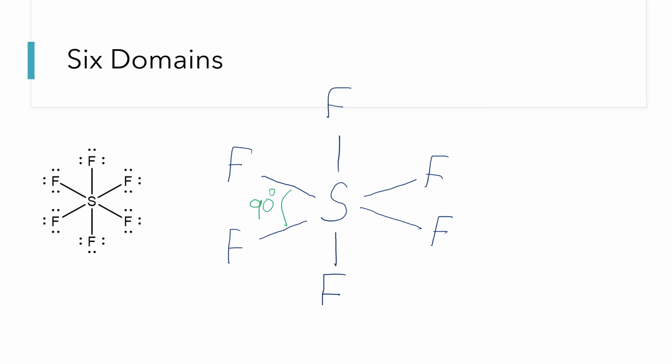And if we're looking at one of these axial positions going down to one of these equatorial positions, that's going to be 90 degrees as well. So really, we don't have equatorial and axial positions. All of these positions are exactly the same. They're all equivalent. Sometimes when people are drawing an octahedron, I'm sorry, I didn't mention that yet. The name for this shape is octahedral, or the adjective form is octahedral, the noun form is octahedron.